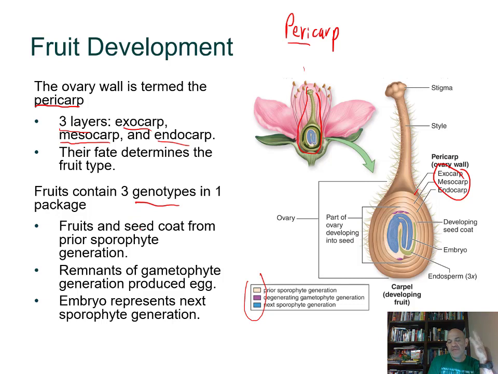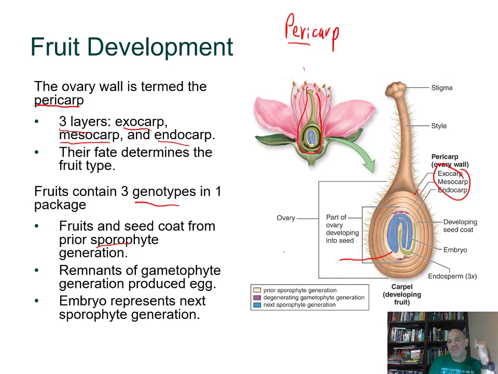The fruit itself, the wall of the ovary, and the seed coat are from the sporophyte generation, from the prior generation. So you can see that it's color coded here, in this beige color. So again, this includes part of the seed plus the fruit itself. That's from the parent sporophyte.